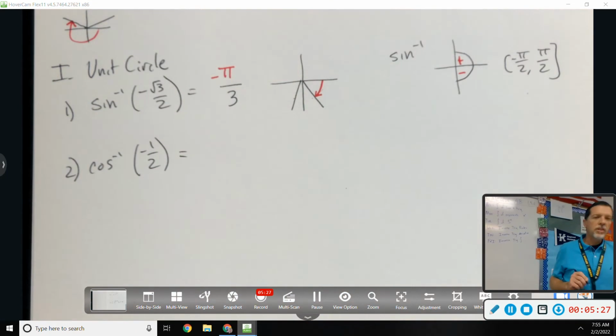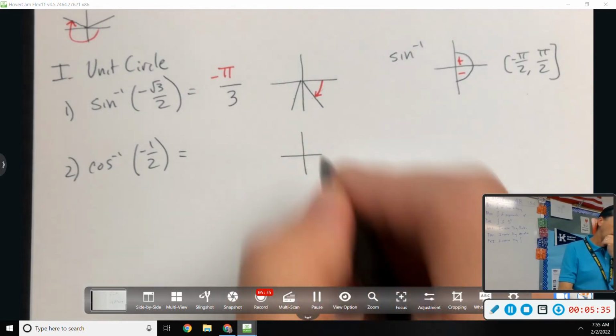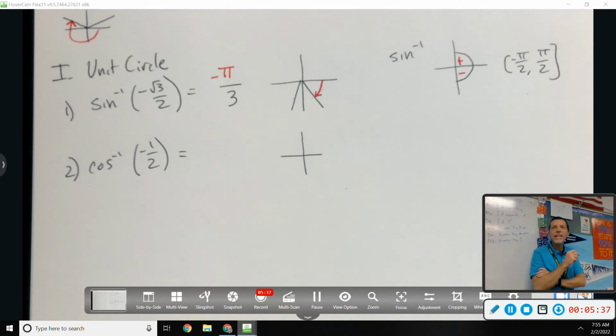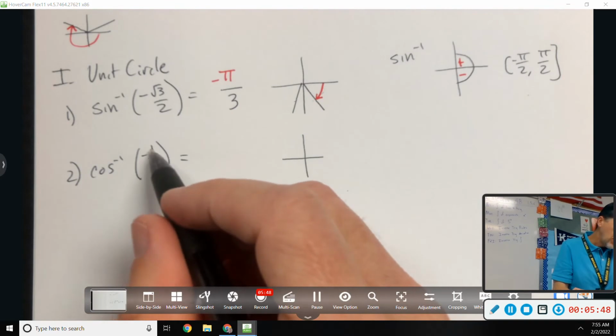All right, how about inverse cosine of negative 1/2? Inverse cosine of negative 1/2. What quadrant might that happen in? Where is cosine negative? 2 and 3 are the left quadrants. Let's see, cosine is the x value.